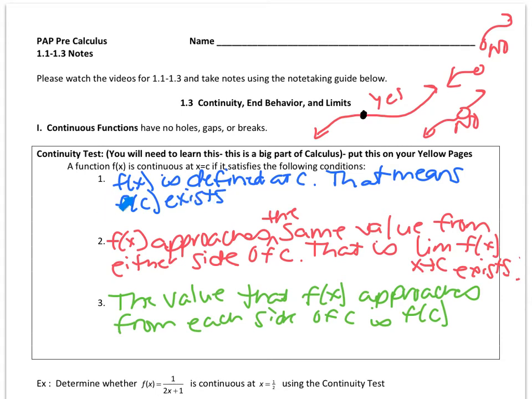As long as this f of c exists and you can find a limit, you're looking to see that your limit as x approaches c from the left and from the right is the same as the function. So as long as the number that is approaching from the left and the right is the same as that actual coordinate, then your graph is continuous. And these are the three things that you have to do in calculus to prove that a function is continuous. And when you get to calculus, you're actually going to have to state it. So I would keep this on the sideline. We're going to talk some more about these as the year goes by.